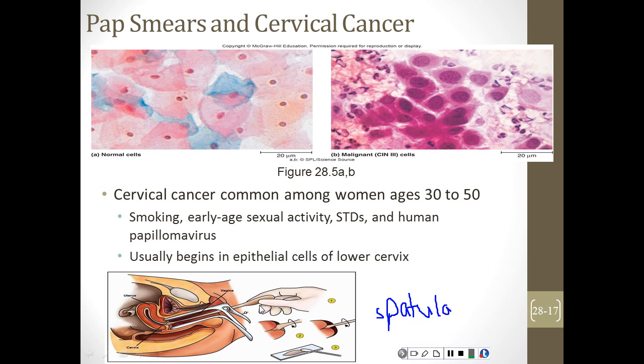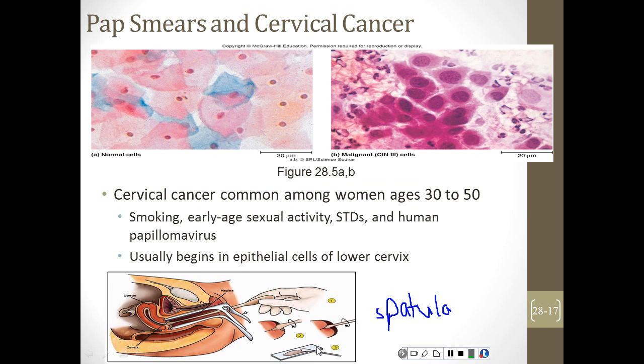They would take the brush, insert it in, and they would swab or scrape. They'll actually scrape the cells from the opening of the cervix, and then they'll take it out, put it in a small little tube, and then they'll take it to the lab and get it examined.